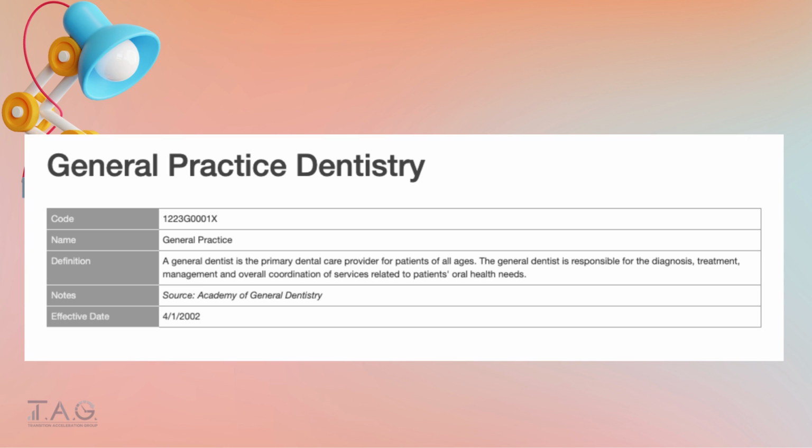A general dentist using this code on their NPI 1 number will not be able to access medical database information with Blue Cross Blue Shield specifically, and a few other larger commercial payers. They will not allow it because this is for general practice. This can be attached to your NPI 2 number.